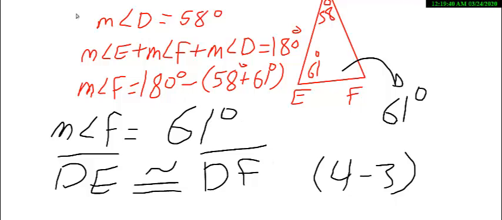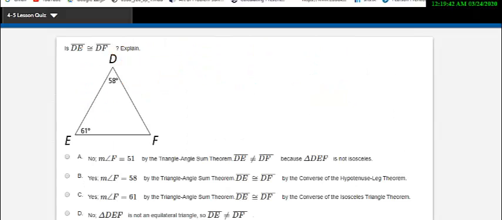We need to go back to another example, so I'm gonna move to the next example here.